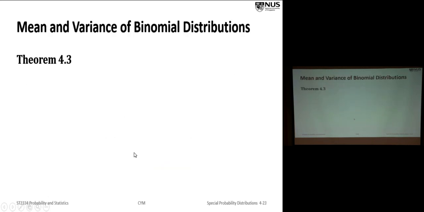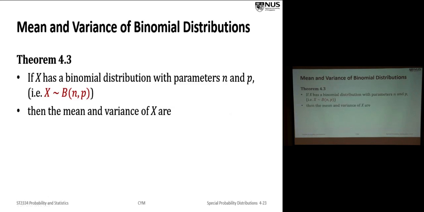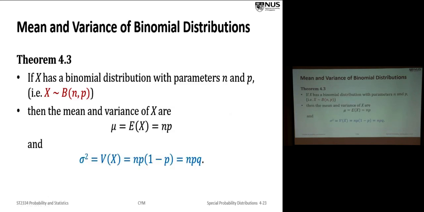All right, the mean and the variance. The mean is n times p, while the variance is n times p times q. All right, n times p times q. So in other words, if x follows a binomial distribution with parameters n and p, you expect the number of successes to be n times p.